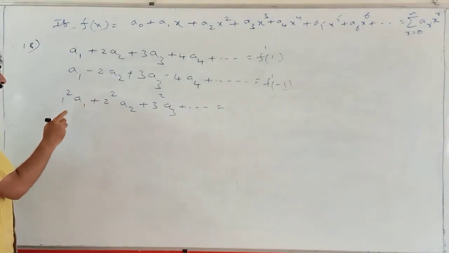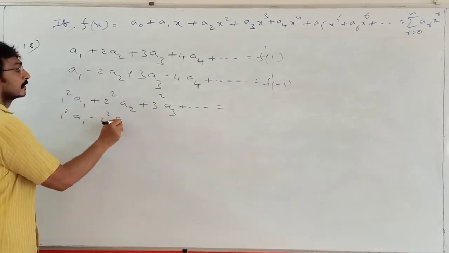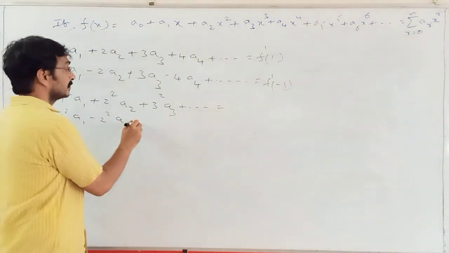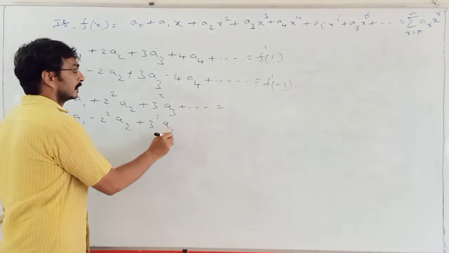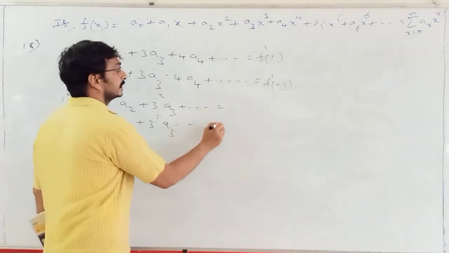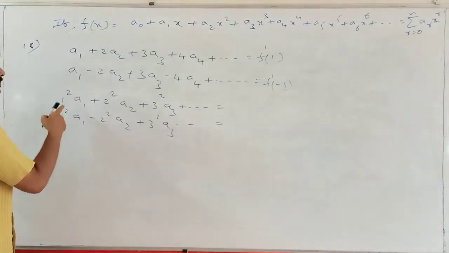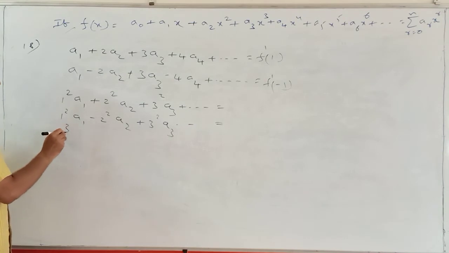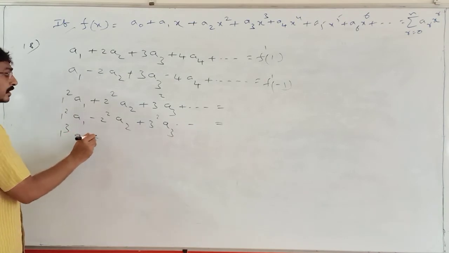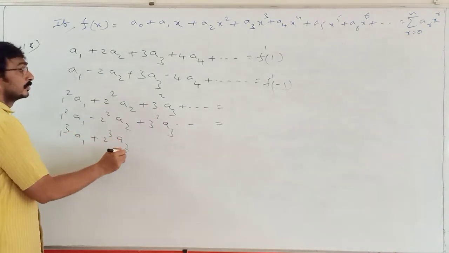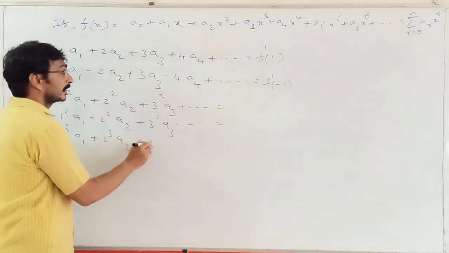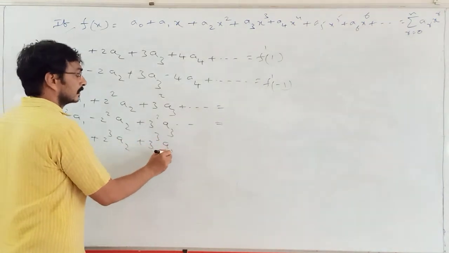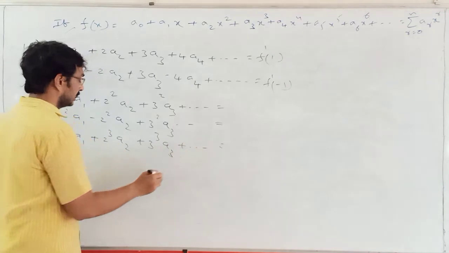Same terms with alternative plus or minus: 1 square into a1 minus 2 square into a2 plus 3 square into a3 and so on. Next, 1 cube into a1 plus 2 cube into a2 plus 3 cube into a3 and so on.